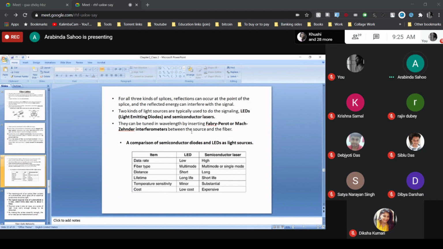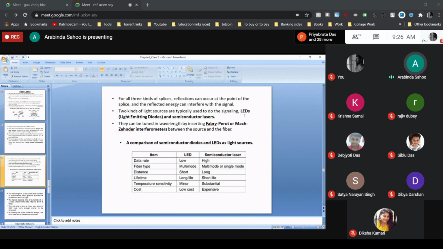Two kinds of light sources are typically used to do signaling. Number one is the LED, light emitting diode, and number two is the semiconductor laser.